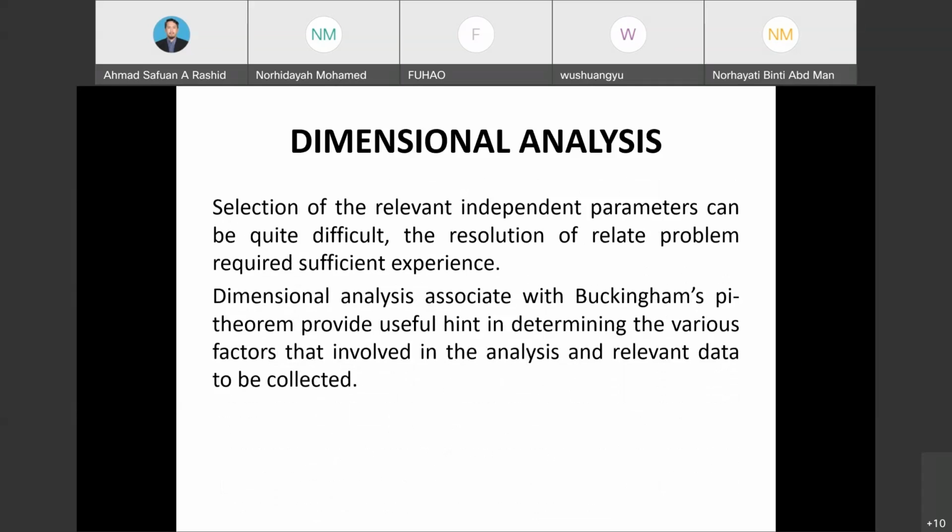Selection of the relevant independent parameters can be quite difficult. The resolution of related problems requires sufficient experience. For example, there will be no true or false.